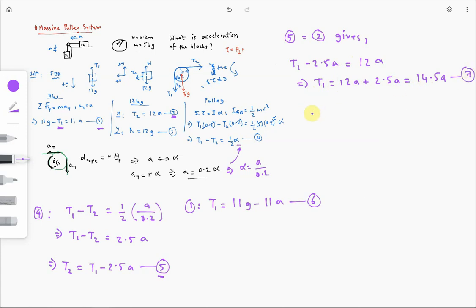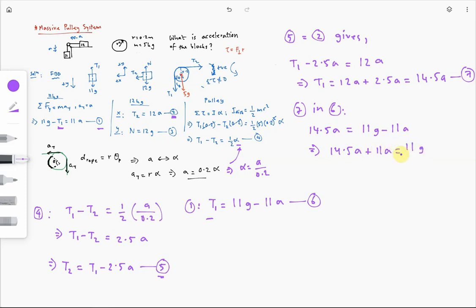We can take this equation 7 and recognize that equation 6 gives me a different expression for the same thing, T1. So we can plug equation 7 into equation 6. This leads to, in place of T1, write 14.5a and set that equal to 11g minus 11a. A is an unknown here. Let's take a on one side. So 14.5a plus 11a equal to 11g.